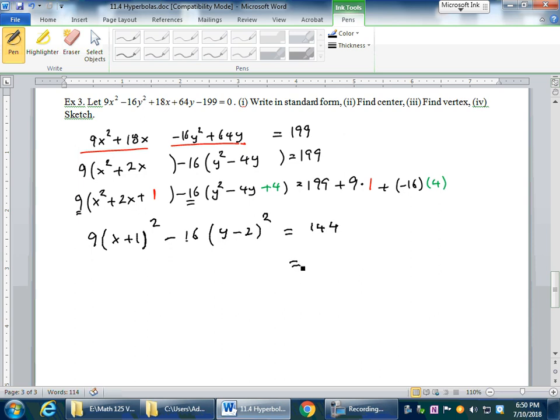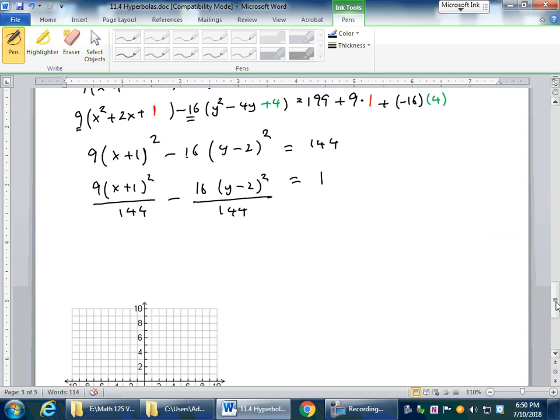So now I need to make the right hand side 1, so I divide both sides by 144. Reducing it, 9 and 144: 144 divided by 9 gives me 16, so therefore right away I know that 16 goes into 144 9 times as well.